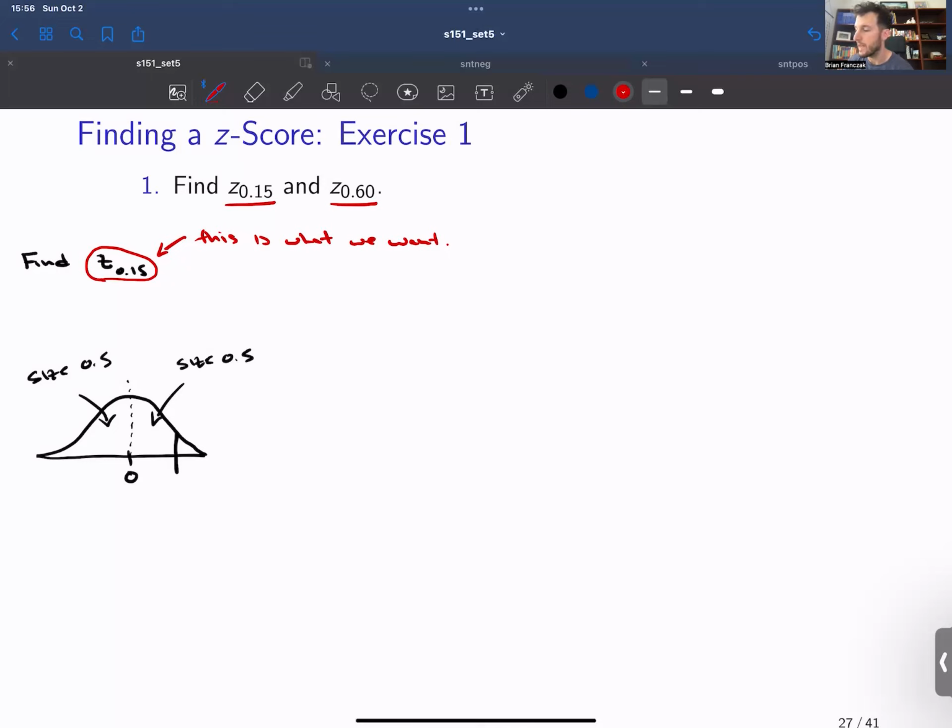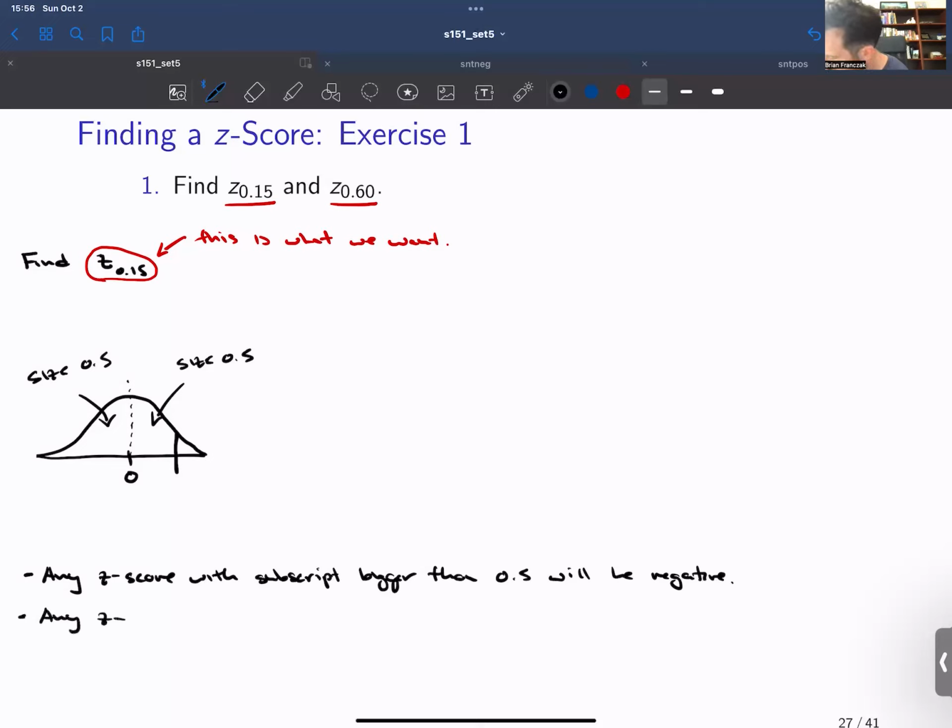So essentially, any z-score whose subscript is bigger than 0.5 will be a negative value, and any z-score whose subscript is less than 0.5 will be a positive value. Okay.